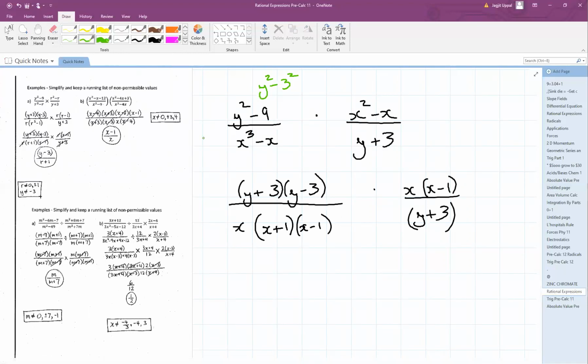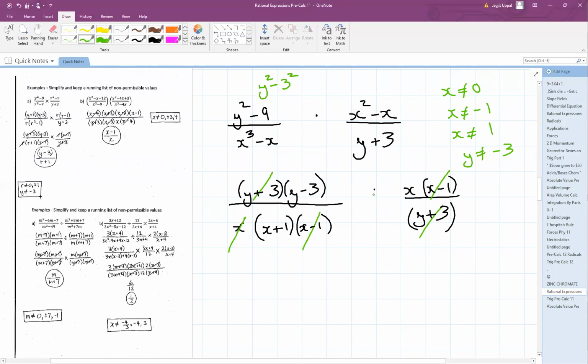Now we need to write the non-permissibles. Okay, Zoya, I want you to write the non-permissibles step by step, starting with this, then this, then this, then this. X cannot be -1, and x cannot be 1, and y cannot be -3. Very good. And now y plus 3 is going to cancel with y plus 3, and this x minus 1 is going to cancel with x minus 1.